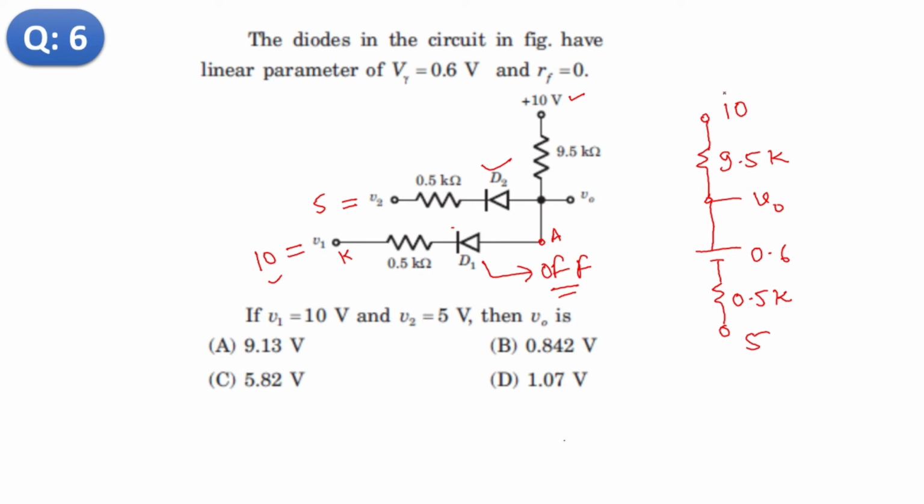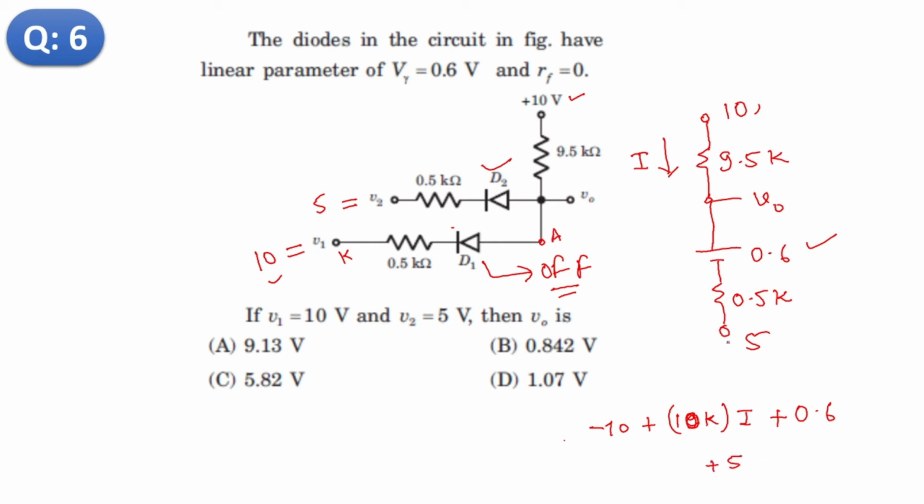Again the current in this branch, suppose I, so we can write: this is 10 volts, so minus 10, plus 9.5 and plus 0.5, which is 10k into I, then plus 0.6 for this battery, since this is the positive terminal, then 5 volts, which is 5.